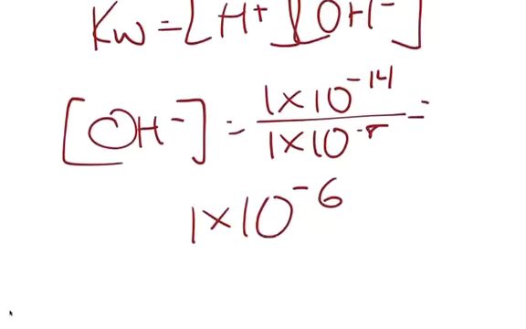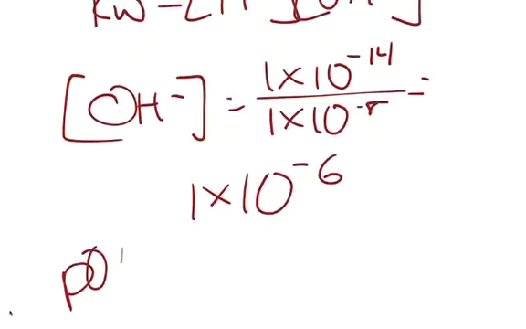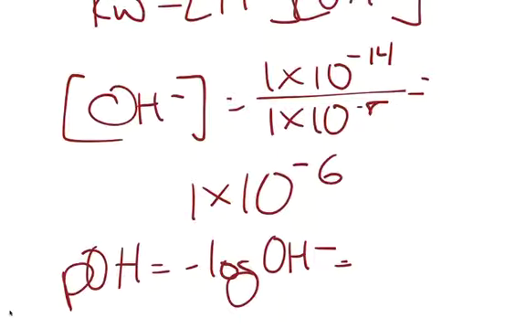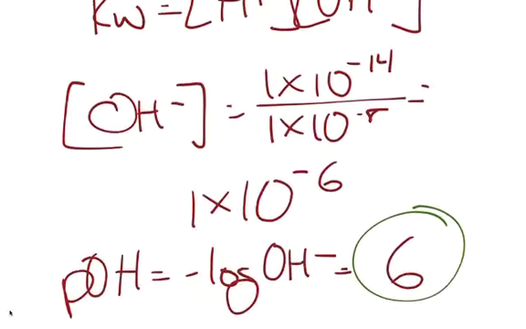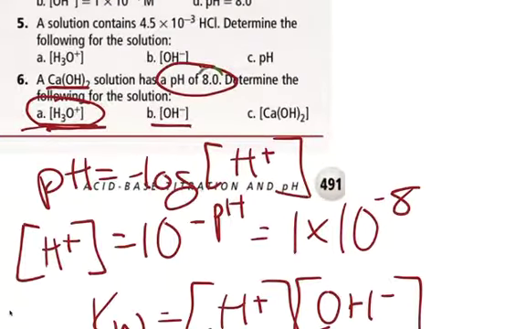Thus, if I wanted to do the pOH really quickly, the pOH would be the negative log of that hydroxide ion concentration, or a pOH of 6. Now, just to check, my pOH is 6. My pH was 8, so they do add up to 14.